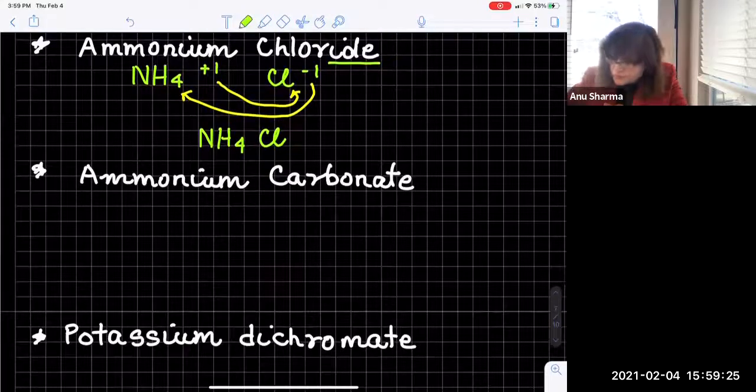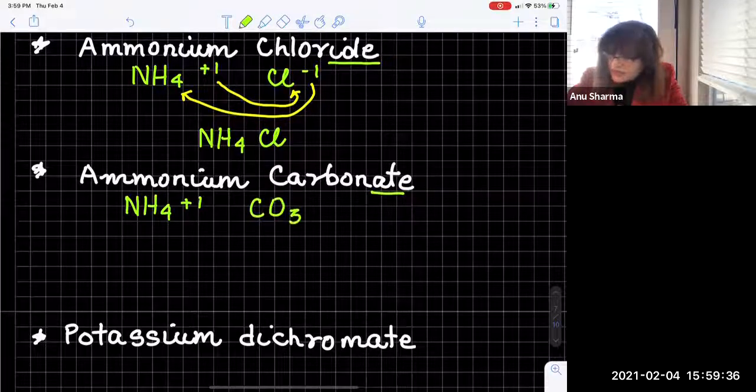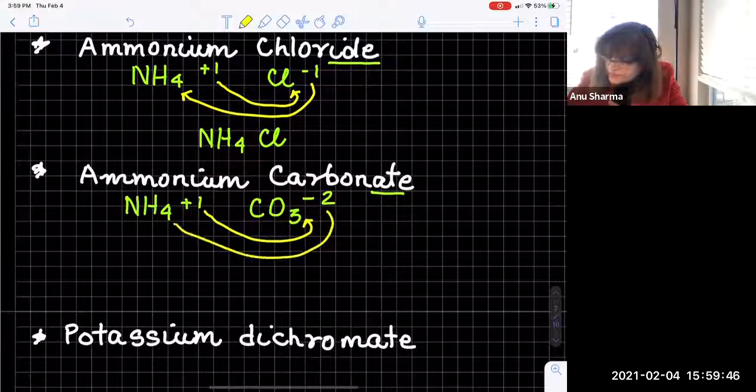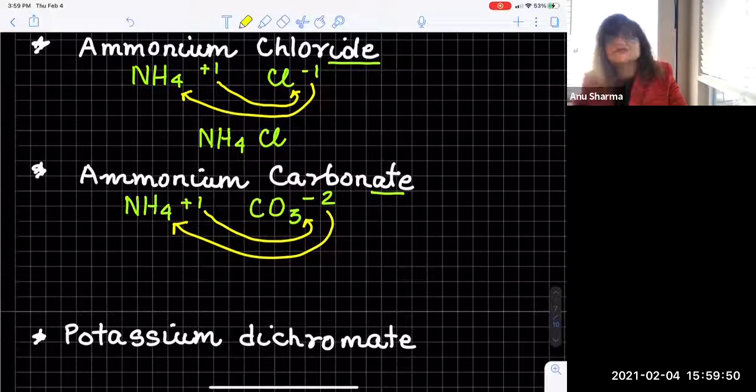Next, look at ammonium carbonate. So here is your ammonium NH4 with +1 charge and carbonate, that's carbon, 3 oxygens, 2 negative charges. Now this 1 comes here and this 2 goes outside of ammonium because 2 is more than 1.